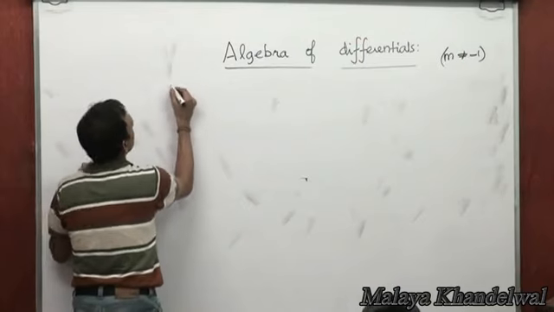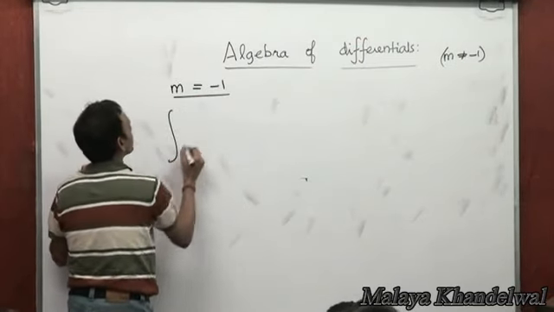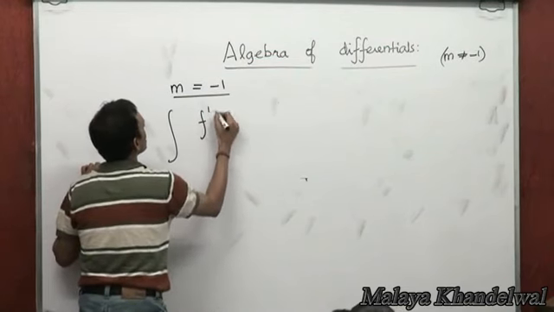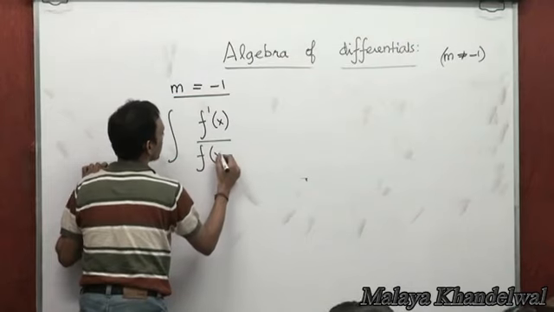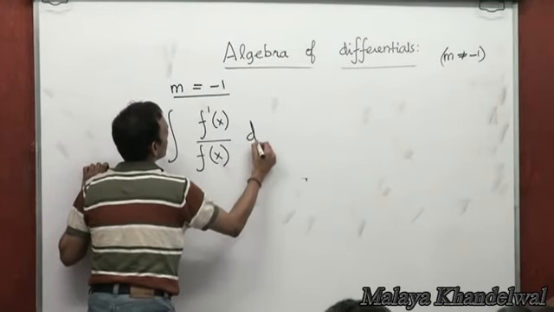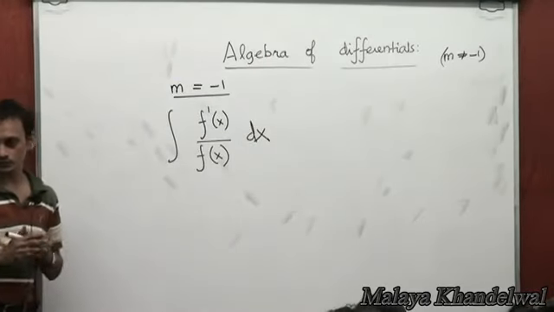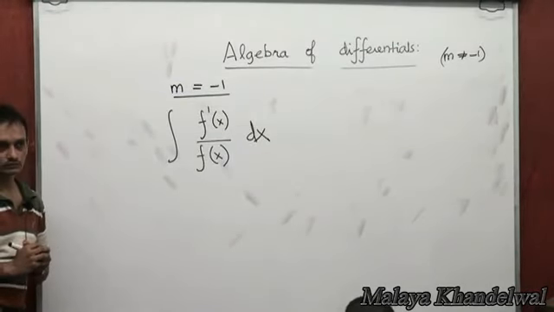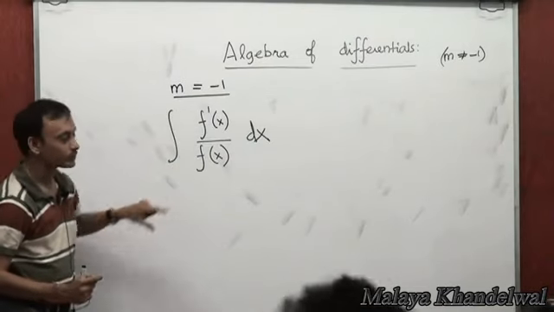That means the integral that we are talking of when m is equal to minus 1 is like f dash x by f x. That's a form of the integral that we want to deal with now.